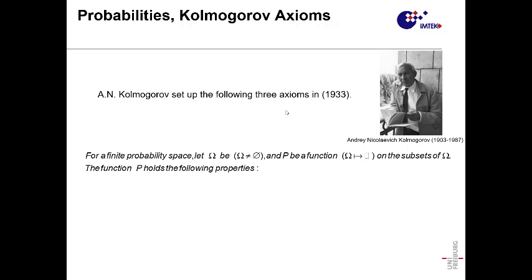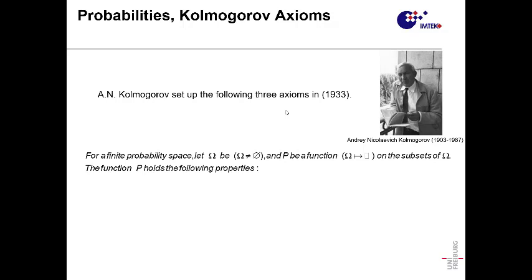He said, let's say that we have a finite probability space, so we have an omega. We were talking about omega last week, the set of all the possible events that could happen, where the empty element is not there.